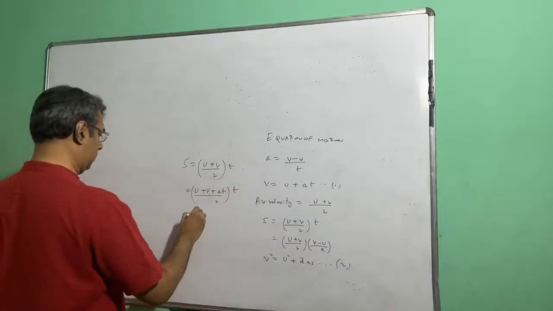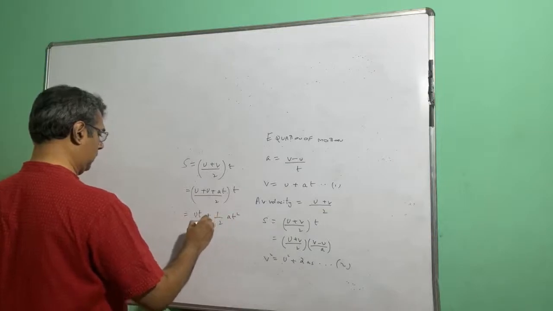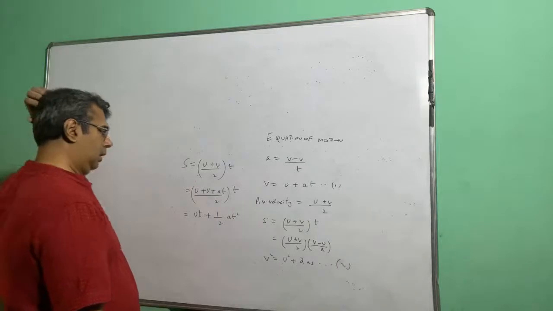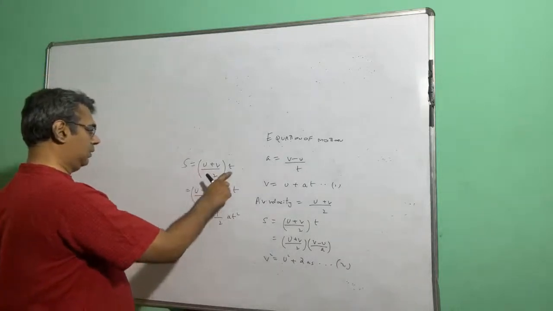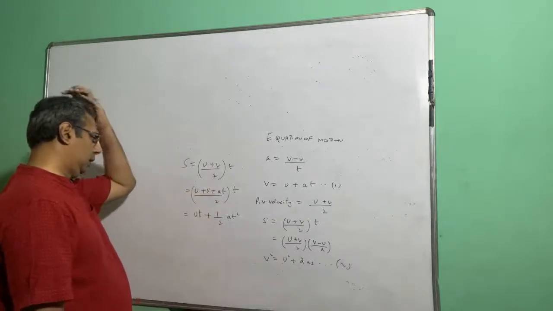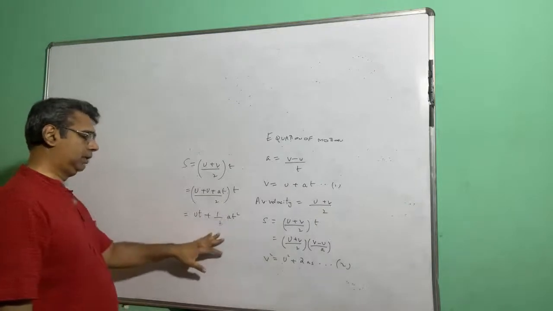So this is coming u into time plus half a into time square. I am saying this again: displacement is u plus v by 2 into time, so instead of v you write u plus at. So u plus at by 2 into time. So this is ut plus half at square.